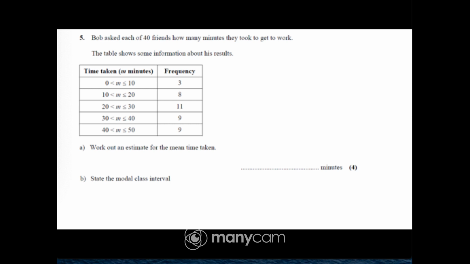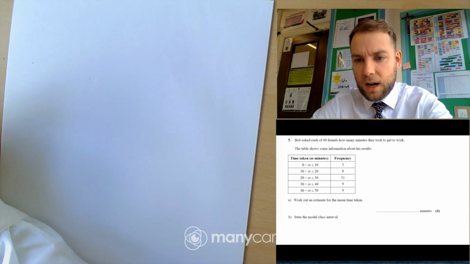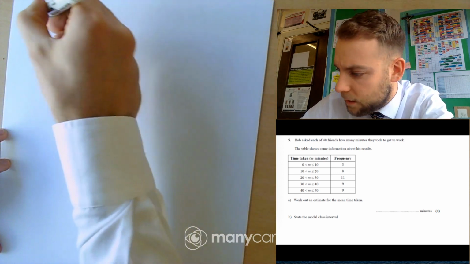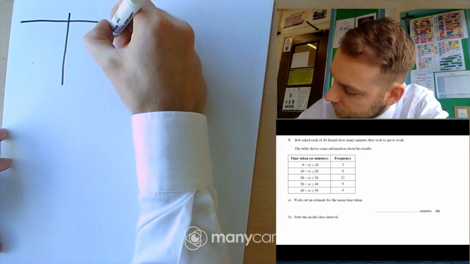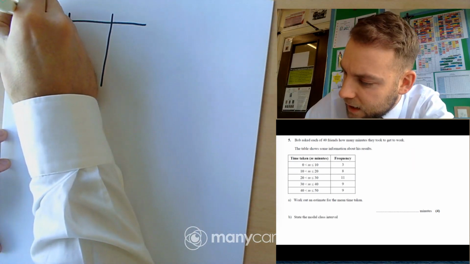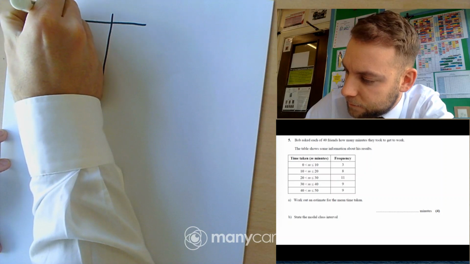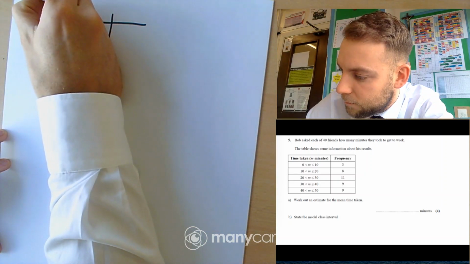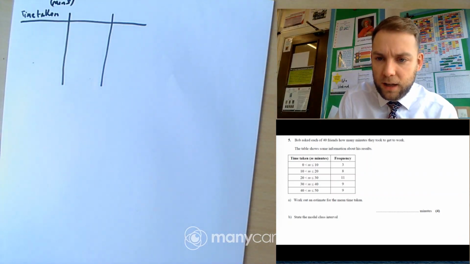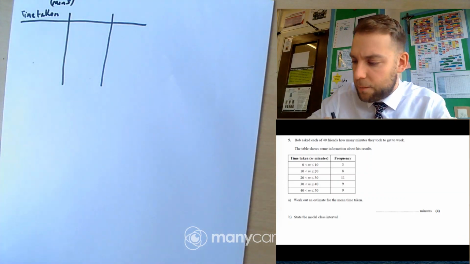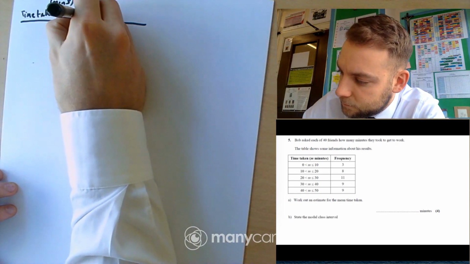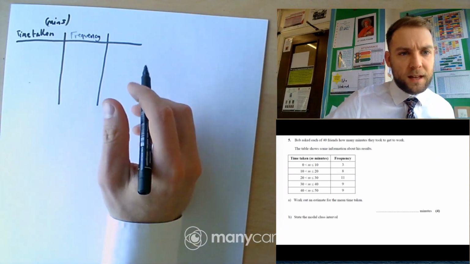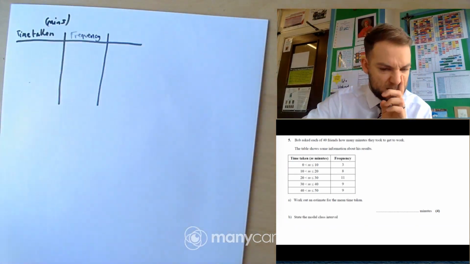So, if we are looking at this one here, I'm going to draw it out just so you can see. So here we have time taken, and that's in minutes. We also then have your frequency. Notice I've already put this extra column in there. So time taken in minutes, we've got the frequency.